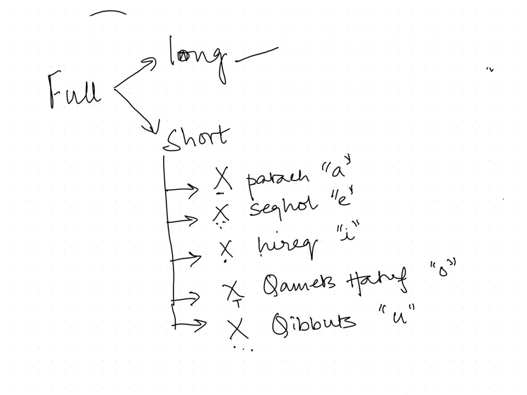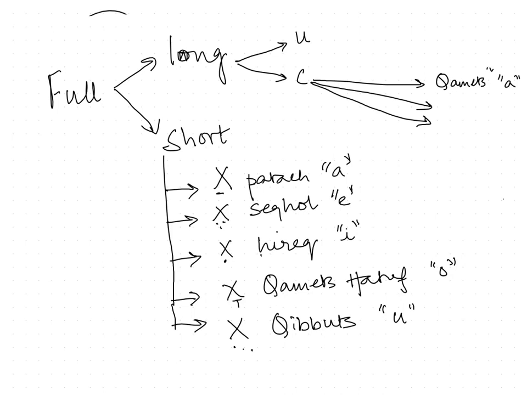So the long ones: I'm going to use U for unchangeable and C for changeable. What are the changeable long ones? The first one is a kametz, which makes the A sound. The next changeable long: do I have one in the E category?